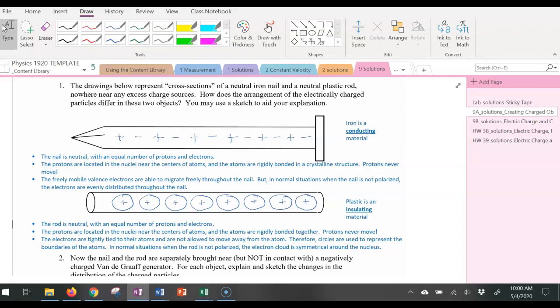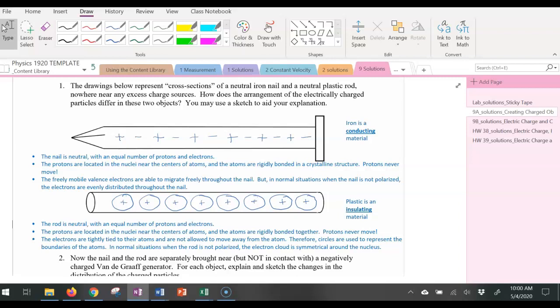And the circle represents the electron cloud. Because the electrons are tightly tied to their atoms and are not allowed to move away from the atom, that circle represents the boundary where the electrons are located.